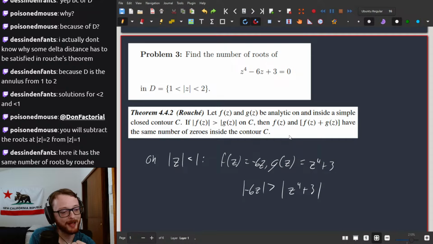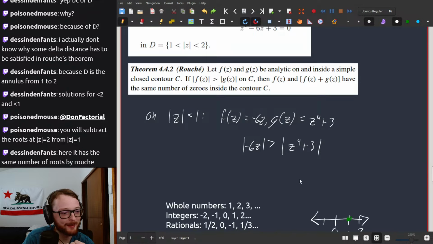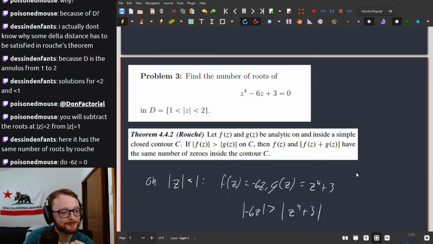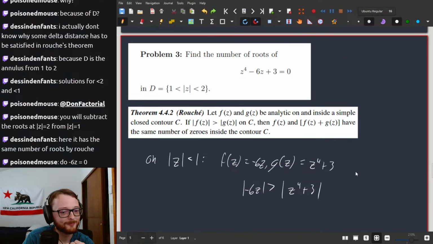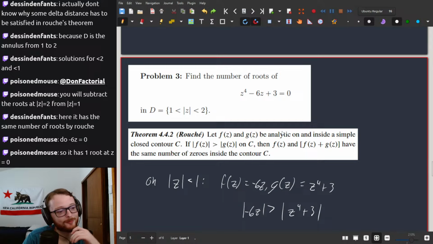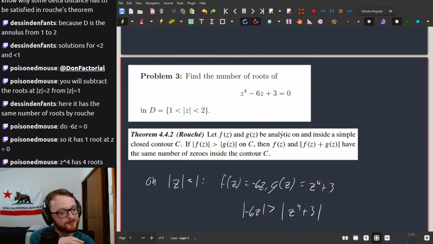Okay, yeah, I'm sorry. I have no clue what either of you are saying. If you figure out the problem, I want to just move on. But I'm not following either of your trains of thought here. Yeah, minus 6z has a root. So at most, there's 3 roots between 1 and 2. But you still need to show... Well, no, you have to worry about roots outside of 2, though.